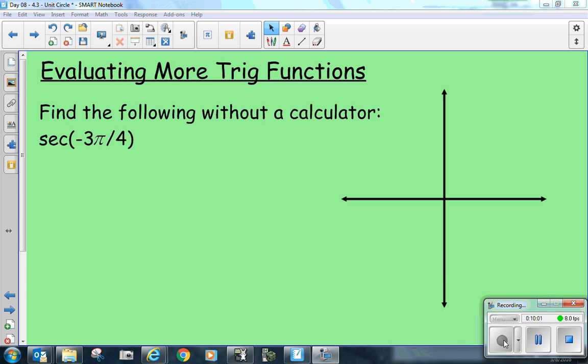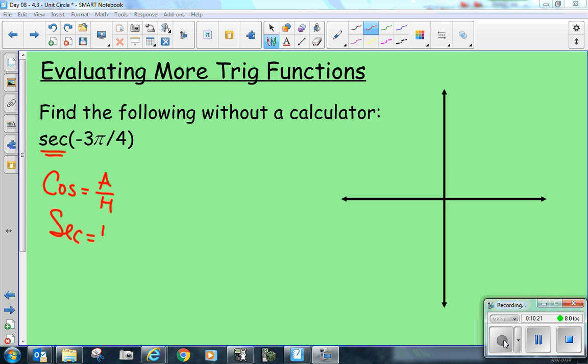And yes, Donovan, you are correct. We have secant here. When we do our triangles, it's all in relation to sine, cosine, and tangent. But as Donovan said, secant is the reciprocal of cosine. If cosine is adjacent over hypotenuse, I can find secant by taking hypotenuse over adjacent. So the same rules apply.